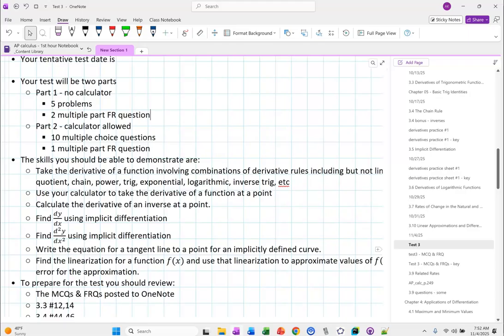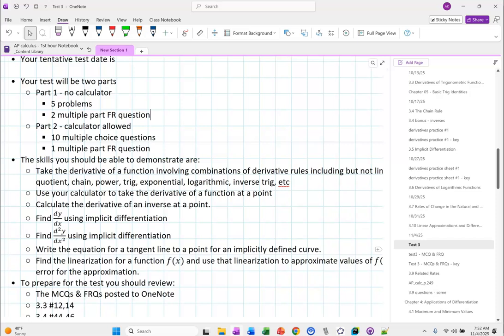Anyways, you should be able to use your calculator to take the derivative of a function at a point. We talked about doing that, right? In class, we ran through how to use the calculator to do that. Correct or no? Yeah, okay. You should be able to calculate the derivative of an inverse at a point. We spent a day talking about that.